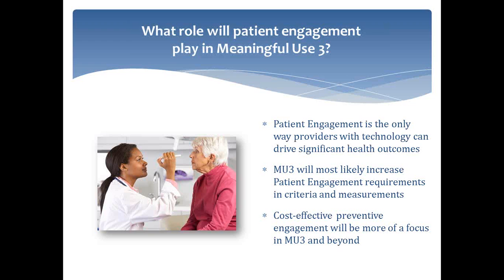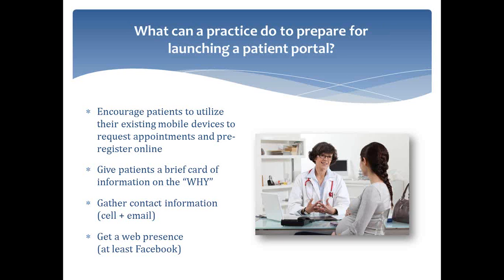In other words, we don't see care catastrophes prior to them happening, and it's because of this cost-effective preventative engagement. There are things that we can do that are very simple that we already have the data on, again, that can help us improve outcomes for all patients.